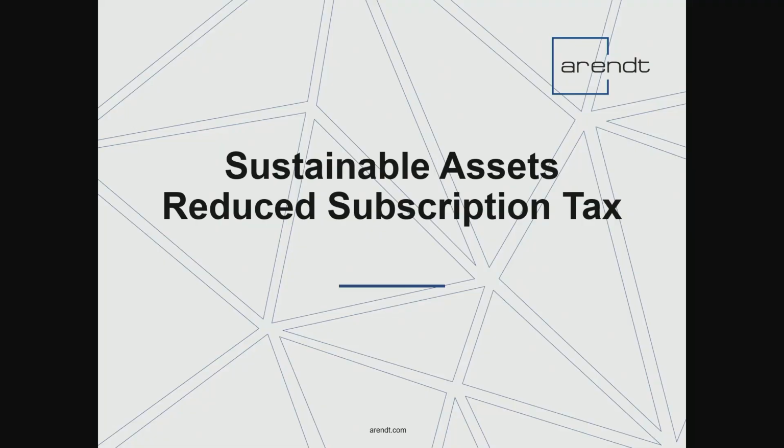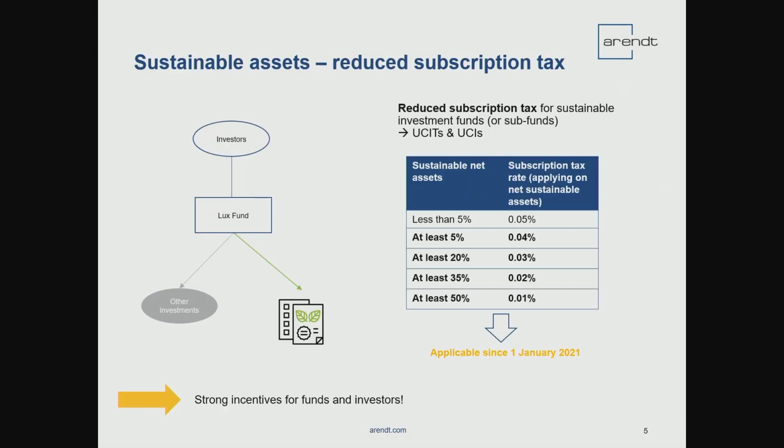So, sustainable assets and reduced subscription tax. I think the left-hand structure chart on this slide should be familiar to each of you. It's very abstract, but it basically shows a typical single fund investment structure, which should be no news to you.